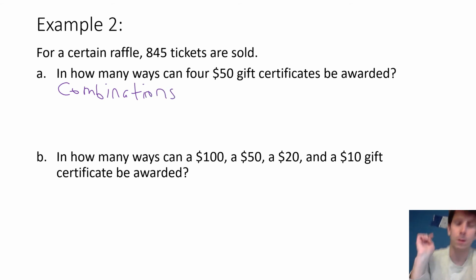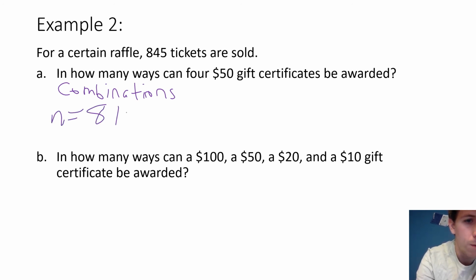Hopefully you're starting to pick up on the pattern: if the order is not important, the things you're choosing are all the same, and that's been the case for all 3 of our examples so far. So this is going to be with N being 845, R being 4.